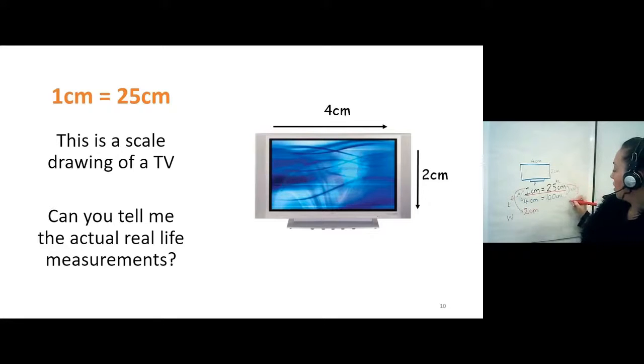So we're going to increase the real life size by 2 as well to give us 2 centimetres equals 50 centimetres in real life. So your TV is 1 by half a metre. So 4 centimetres is actually 100 centimetres in real life, and 2 centimetres is 50 centimetres in real life.